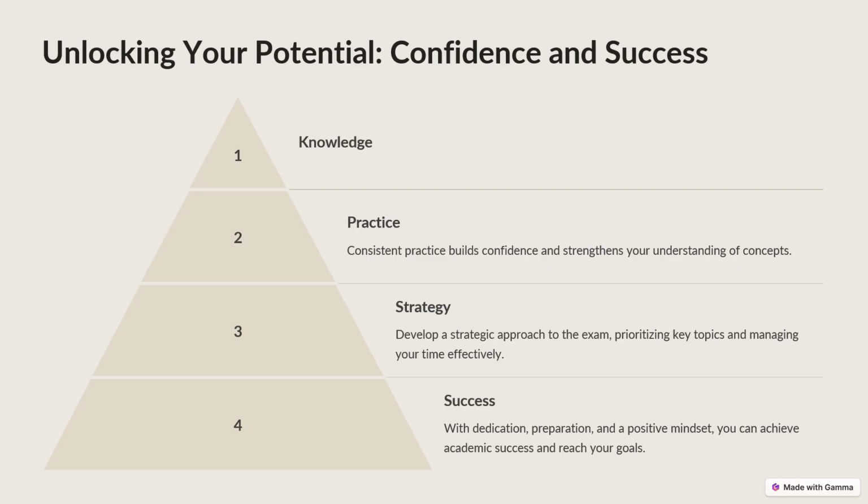Practice means that you do consistent practice, build confidence, and strengthen your understanding of concepts. Then also develop a strategy. You can decide to say, okay, my own strategy is to tackle difficult questions first, then I go to the easy ones, or I can do the easy ones first and then I'll go to the difficult ones. And if you follow these 3, then success will be sure for you.